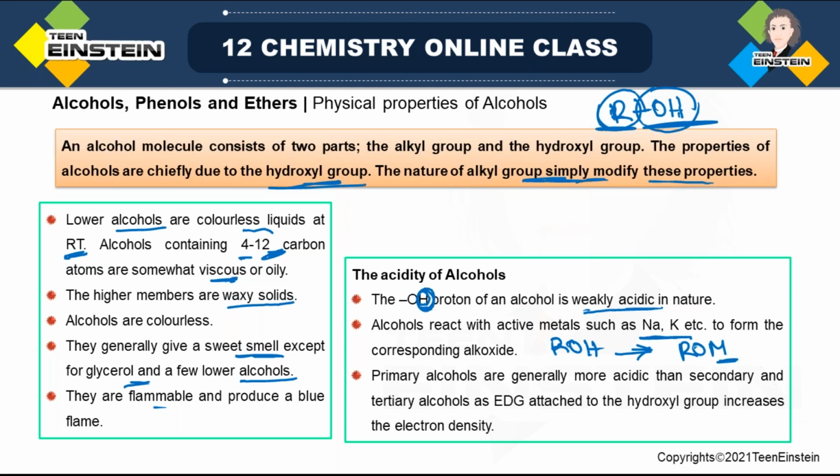So this is alkoxide because now it is RO minus M plus. RO minus is in general called alkoxide. If it is methyl O minus, it is methoxide. If it is ethyl O minus, it is ethoxide. But the general term is alkoxide. This H is replaced by metal because it has some acidic character. That is why we can get alkoxide.